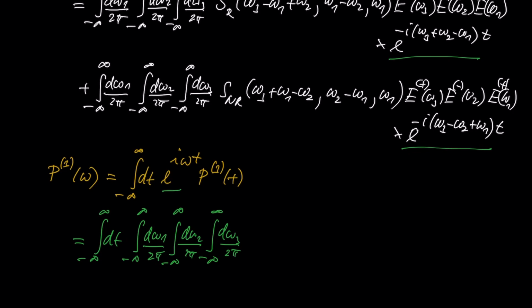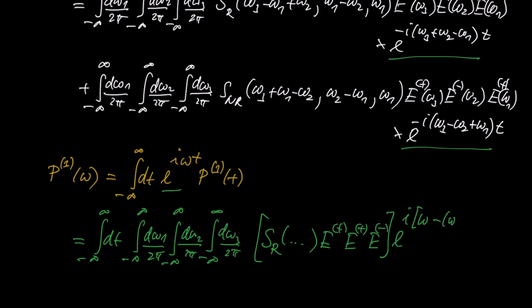And we will have a contribution of the rephasing response. I will not write explicitly all the factors. Here we have the fields, from right to left, the E minus, E plus, E plus. And behind that we have e to the power of i (omega minus omega 3 plus omega 2 minus omega 1) t.